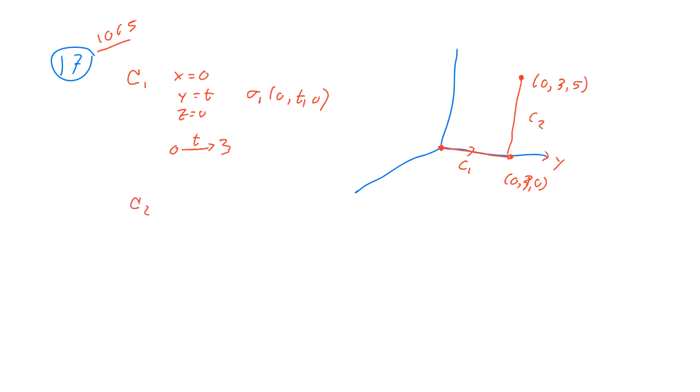And for C2, I'm going vertically so that the only thing changing is the z coordinate. So all along that curve, x is equal to 0. Sorry, my pen's not being very responsive. y is equal to 3 on that entire segment, but z is changing. So I'd let z equal t.